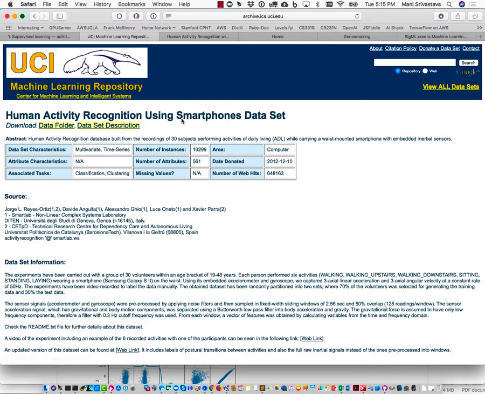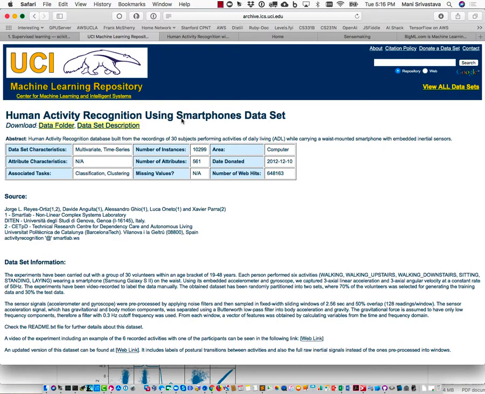The other thing is, where do you get the data from? So our sister campus, UC Irvine, they have a UCI machine learning repository. So lots of very interesting data. So if you just want to play with things, that's where you get. The particular one which I'm going to use is called human activity recognition using smartphones.